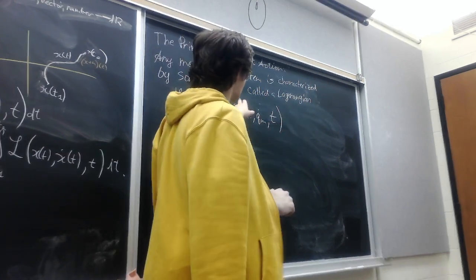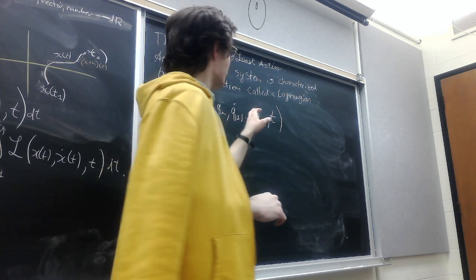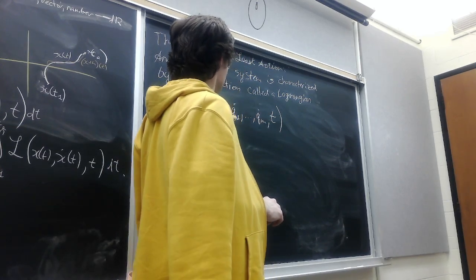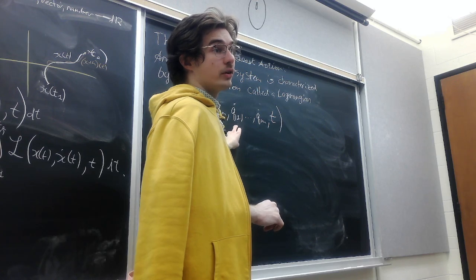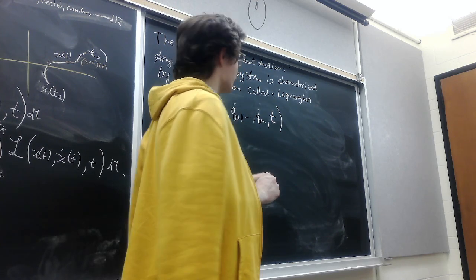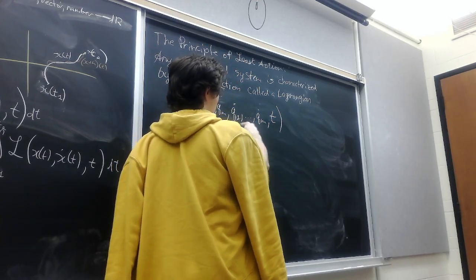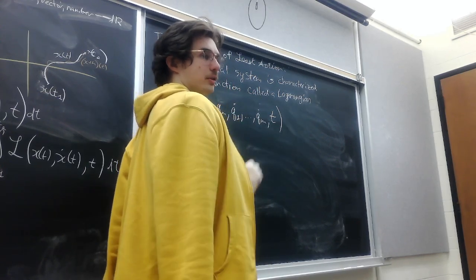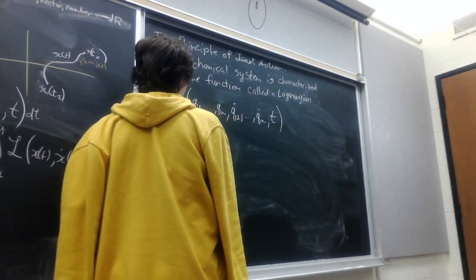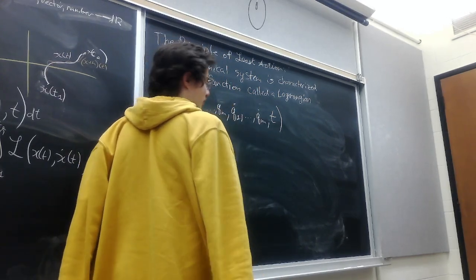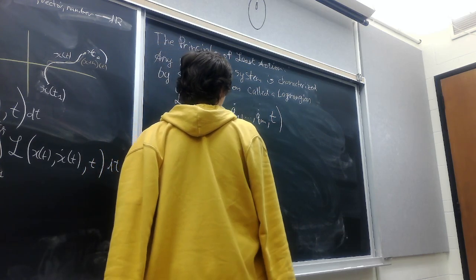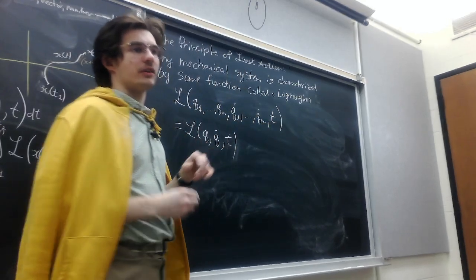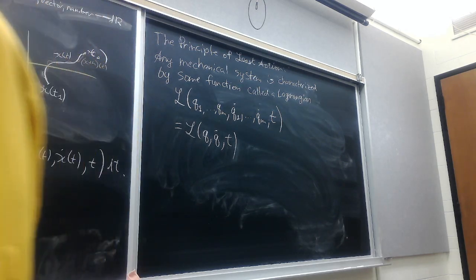Here, I'm just saying q1 up to qm, because later I will plug in the derivative of q1 into here. But as far as you're concerned right now, this is just the n plus first entry, the thing I put in the n plus first entry. And usually people don't write all of this because this is very long. Usually people just write q, q dot, t and think of q and q dot as some vector. Okay?